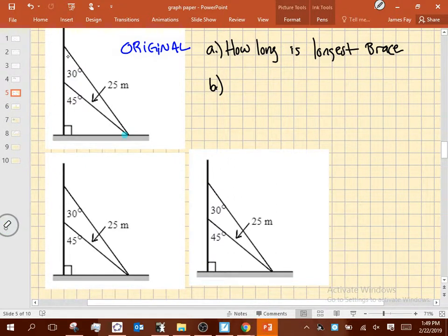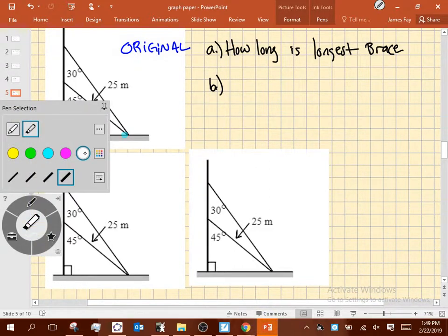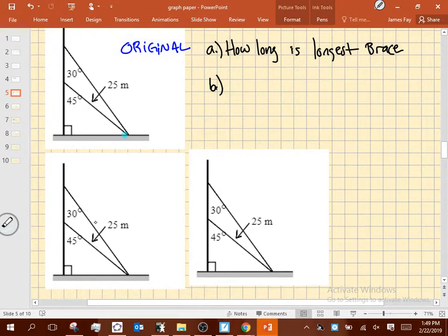Now, this type of question, you hear me say this with a lot of them, they're sometimes like puzzles or brain teasers. I want to look real quick because some people want to address finding the length of this longer brace instantaneously. The only way I can do that is to focus on the 30, 60, 90 triangle, correct? Do you have any values off the 30, 60, 90 triangle that allow you to move around that triangle?